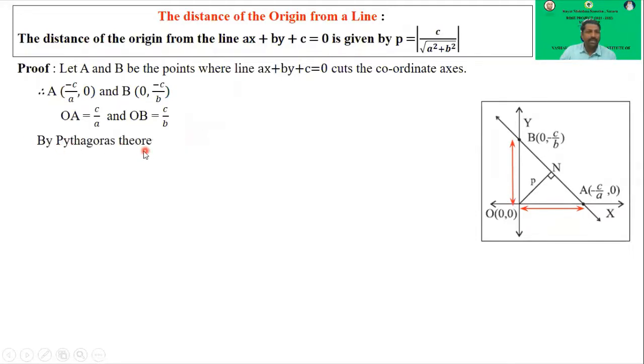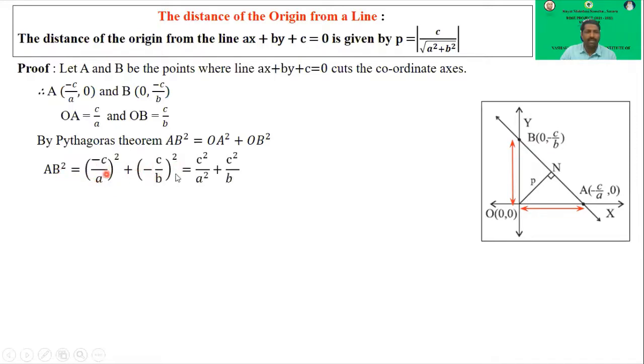By Pythagoras theorem, since the axes are perpendicular to each other, AB square is equal to OA square plus OB square. So AB square is equal to (minus c by a) square plus (minus c by b) square, which is c square upon a square plus c square upon b square.